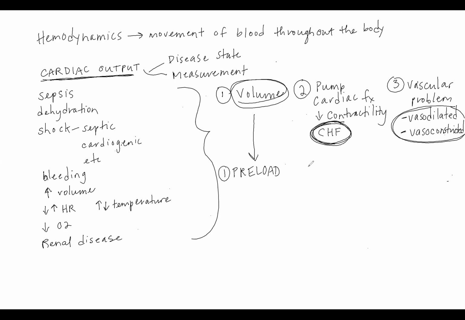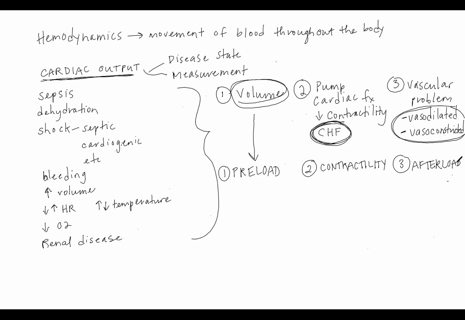For number 2, this is going to be my contractility, which we talked a little bit about. Contractility, let me spell that right. And then the third one is going to be my afterload. Okay. So this makes sense if I remind myself of what these definitions mean.